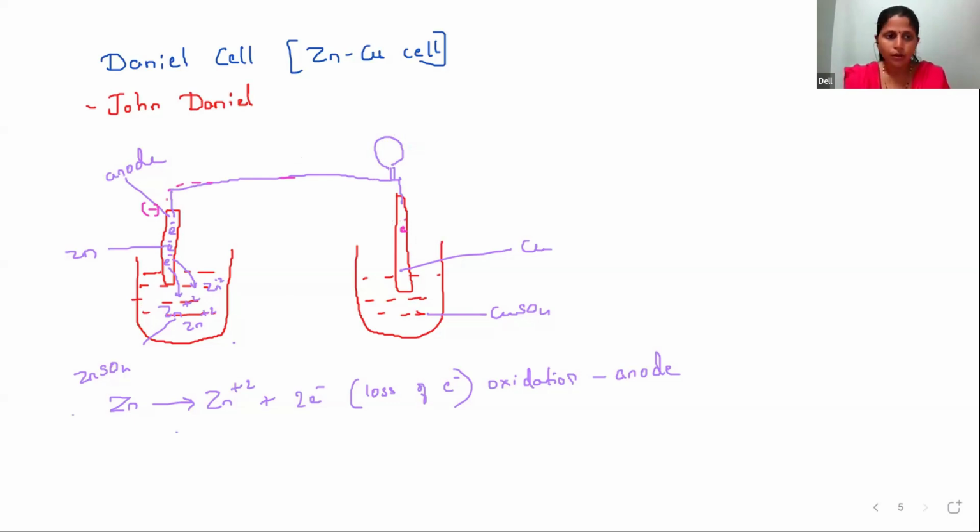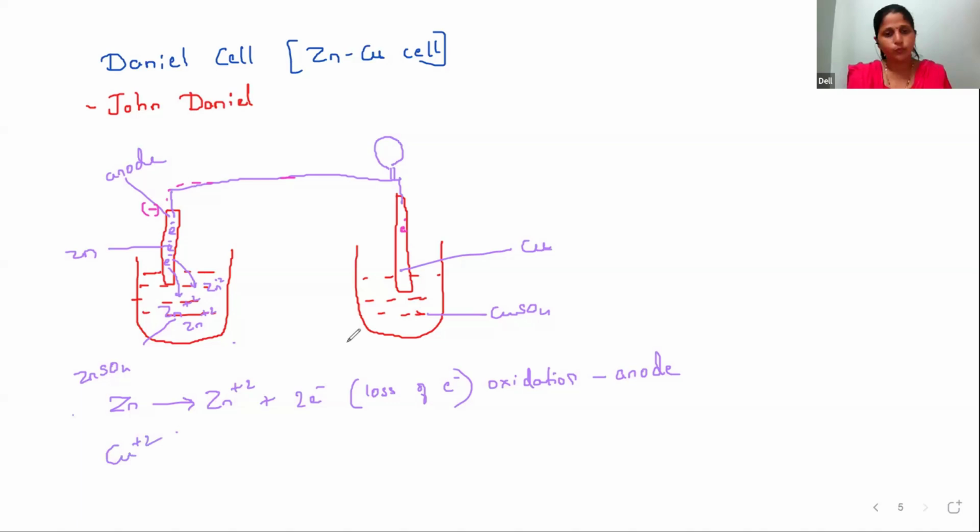Now this copper, which is in the solution, is in the form of Cu+2. The Cu+2 ions which are there in the solution see the electrons and become happy. Okay, our electrons will become stable. How then?